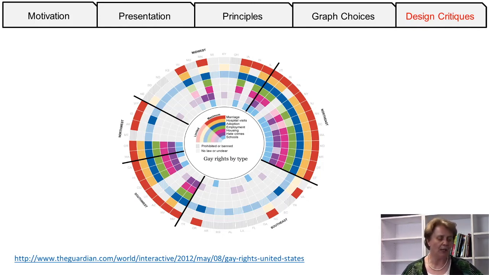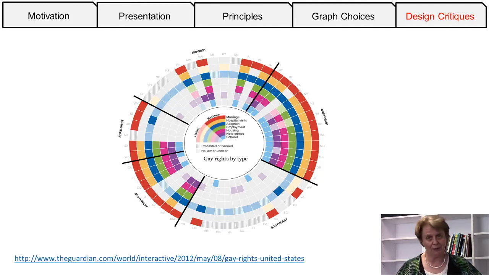And what they're doing is they've identified the key characteristics that the newspaper, The Guardian, is saying are emblematic of gay rights: marriage rights, hospital visits, adoption, employment, housing, hate crimes in schools, and so on. And then they're shading the states by whether or not that's okay in those states.